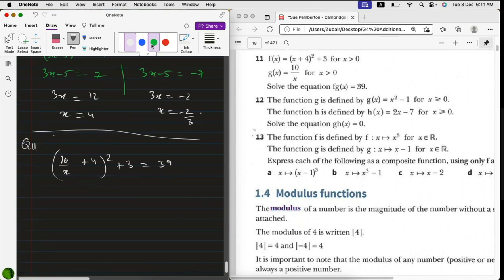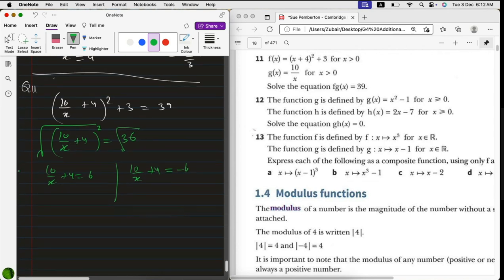I was just foreseeing that maybe I'll have to open it with a plus b whole squared, but no. After moving the 3 to both sides, it'll be 36, and square root both sides is 10 over x plus 4 equals 6 and 10 over x plus 4 equals minus 6. If it was plus 4, let's say, and we moved it to the other side, then we would open the fraction.